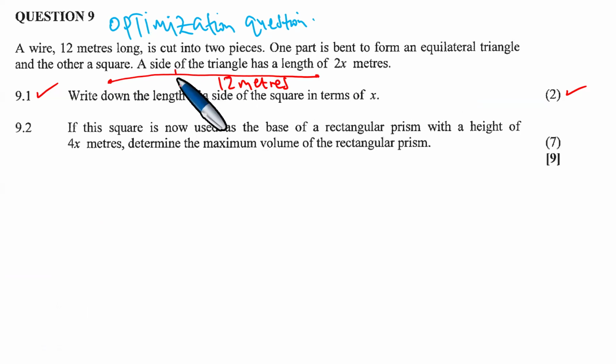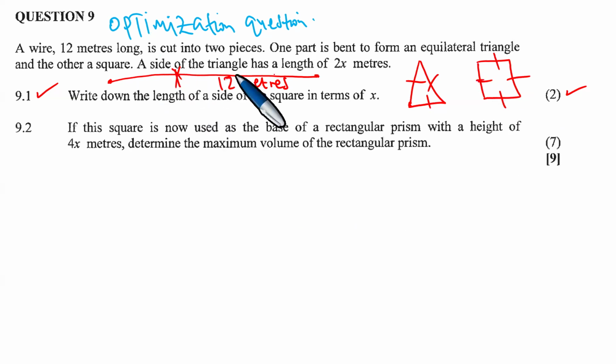They did not say they cut it into two equal parts, but they're just cutting it into two pieces. One part is bent to form an equilateral triangle, and the other is a square. So they take these parts, and they form a triangle with all sides equal, and the other is a square, like this.